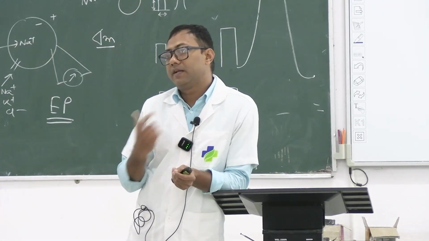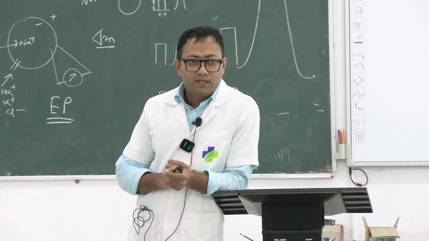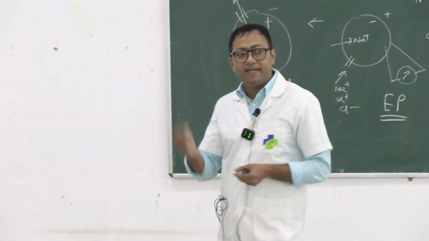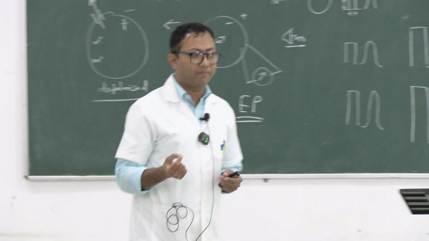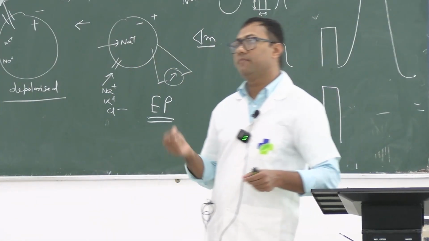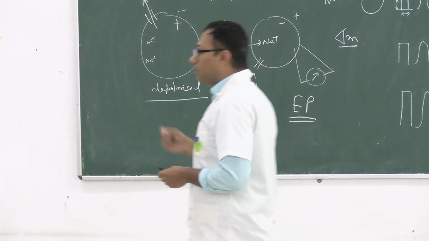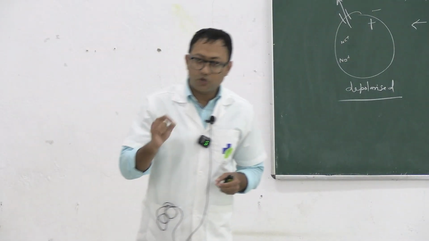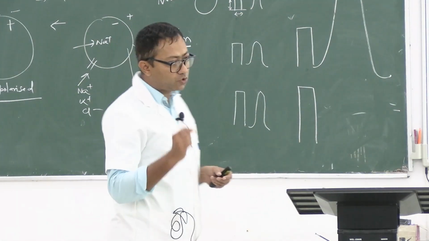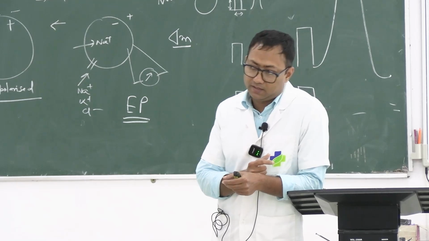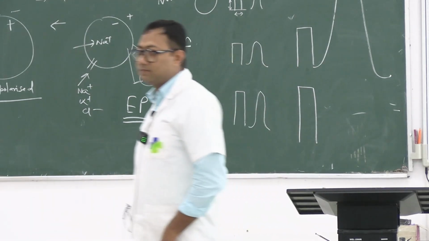So first let us define what is action potential. So write it down. Action potential: it is the rapid and active change in membrane potential due to application of threshold stimuli, followed by return to RMP, resting membrane potential.